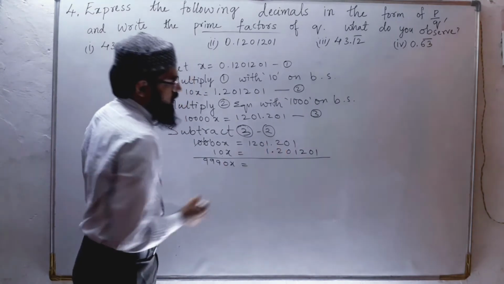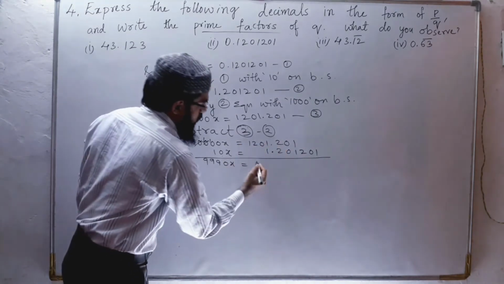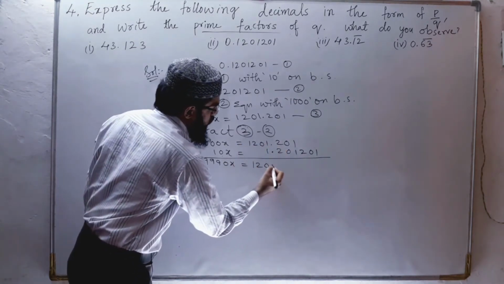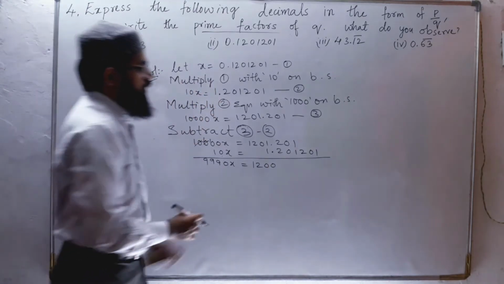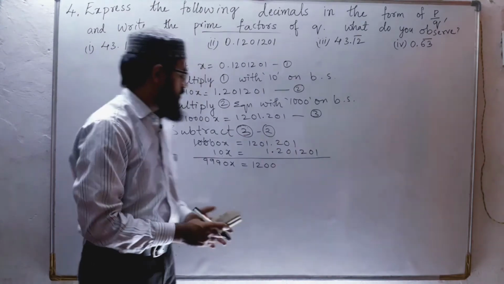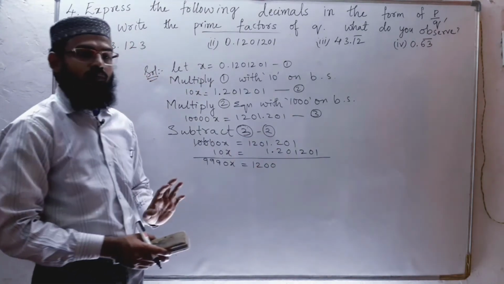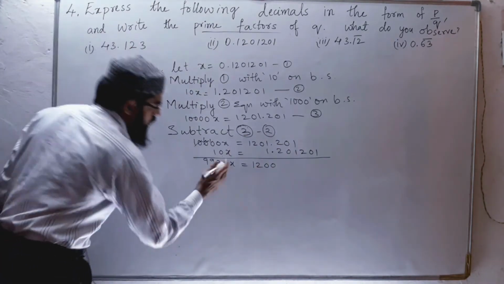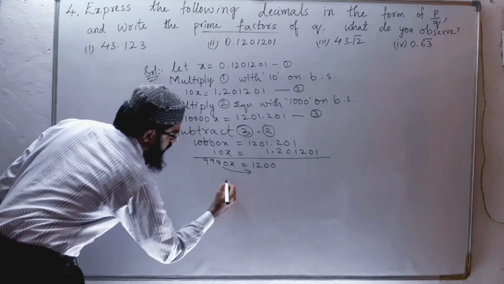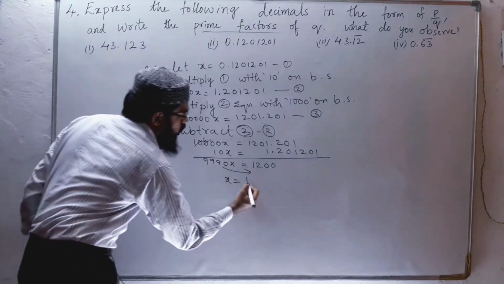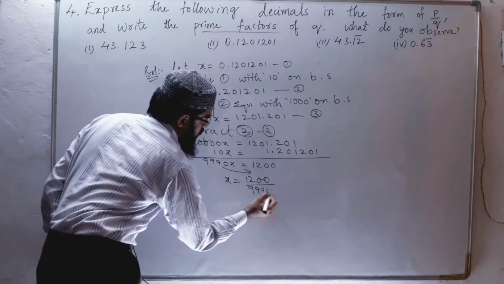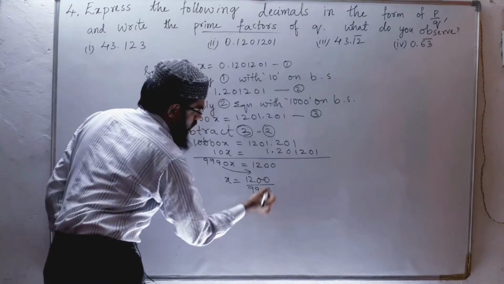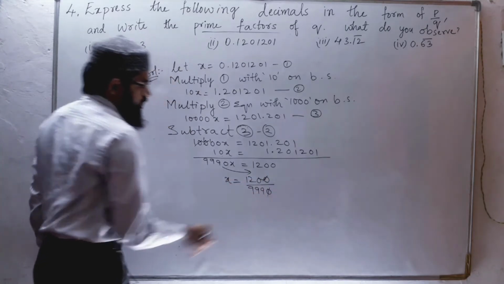When we subtract this, we get 1200. So x equals 1200 by 9990. The 0s get cancelled.